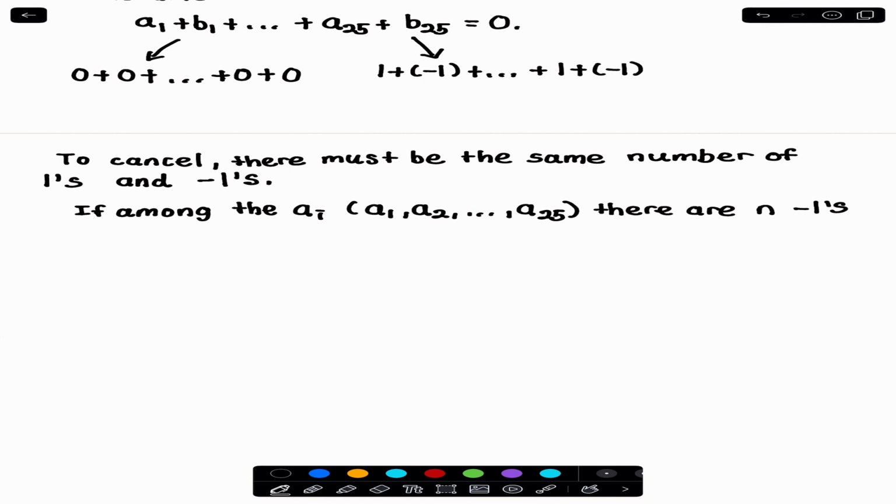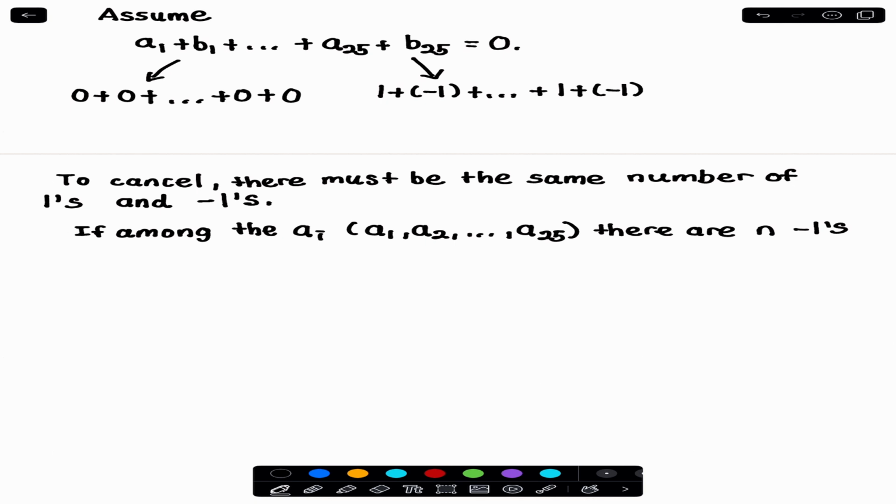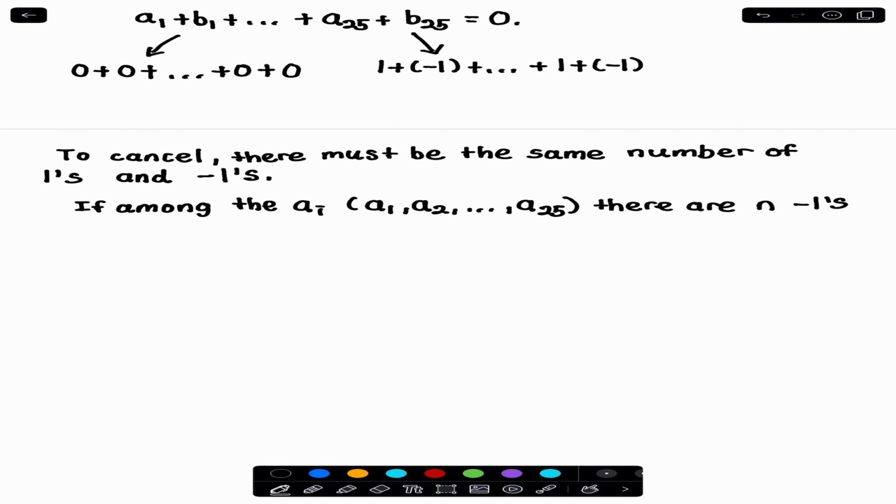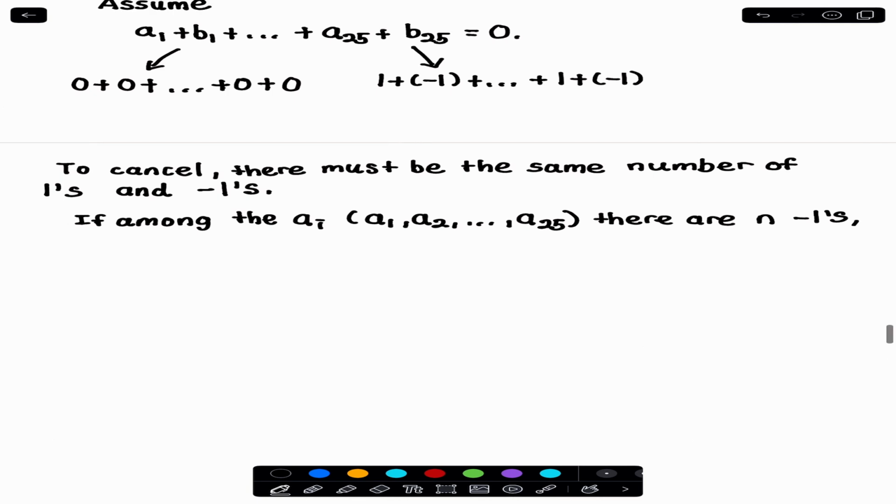What does that mean for the number of negative ones for Bj? This is going to be our key insight, because we're trying to relate the Ai and the Bj to each other. So among the Bj, there are how many negative ones?